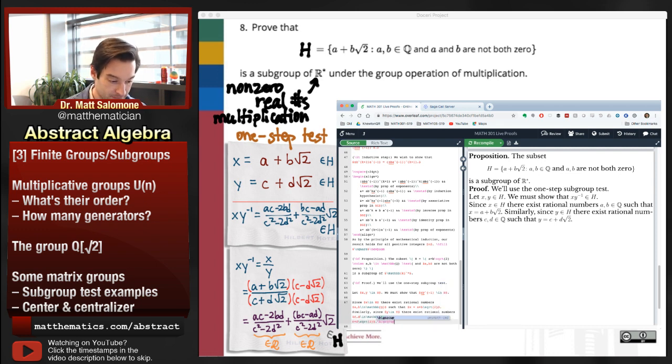So now let's do the calculation that we need to do, the calculation that happened over here on my napkin. So x divided by y, or in other words, x y inverse. Well, what we can do is the calculation for y inverse. So note that y inverse is going to equal C minus D radical 2 over C squared minus 2D squared.